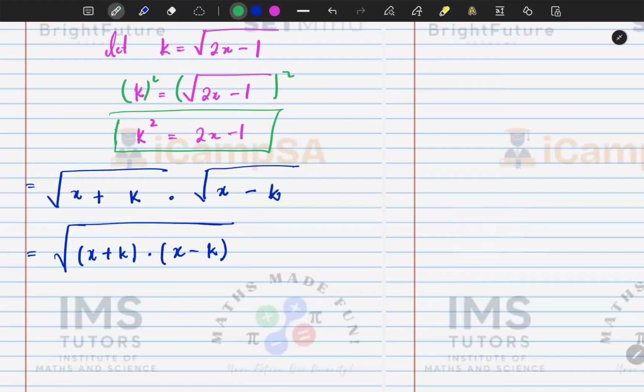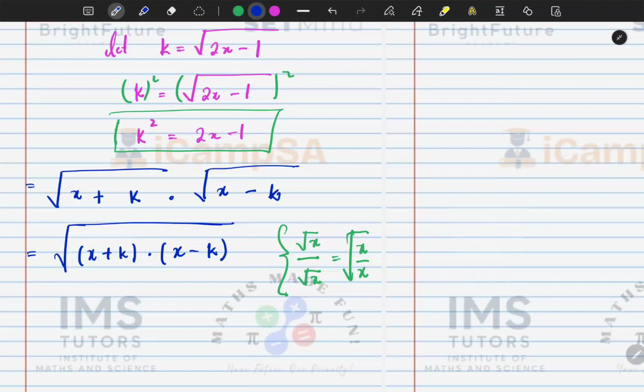You are used to this: if we had a square root of x and a square root of x, this would have easily been x. Here we have a product, we did not do anything, it's still the same thing.